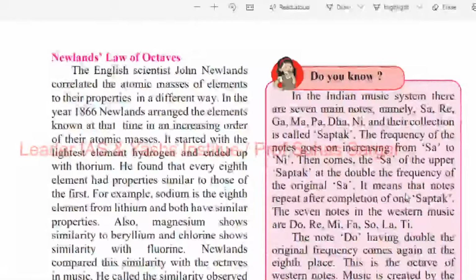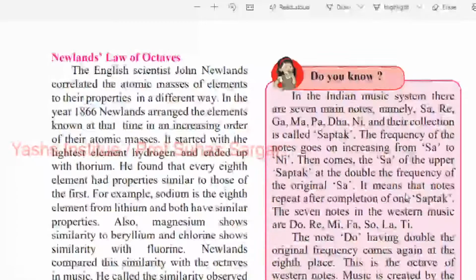Next, Newlands' Law of Octaves is another topic. The English scientist John Newlands related the atomic masses of elements to their properties in a different way.